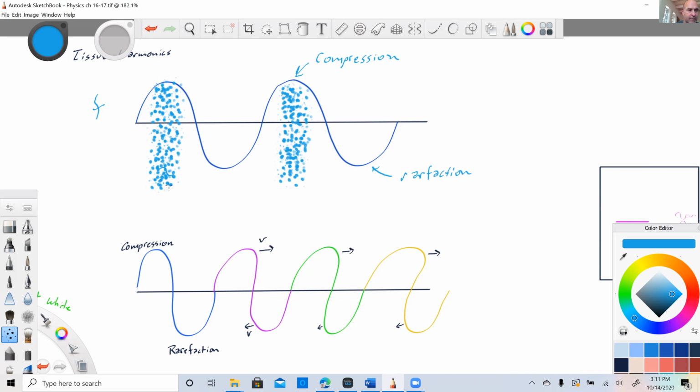It's compressed a little bit, right? But then we have these other locations that are a little more rarefied, a little more pulled apart. So in the rarefactions, the molecules are actually pulled apart a little bit, and the compressions are all pushed together.